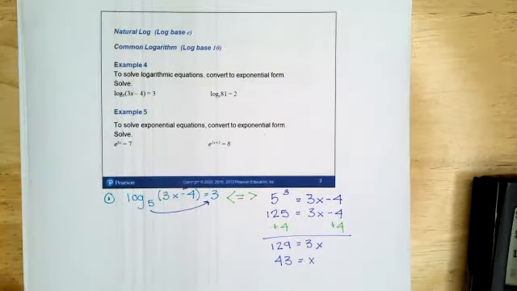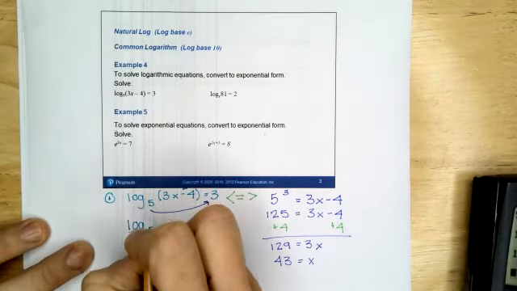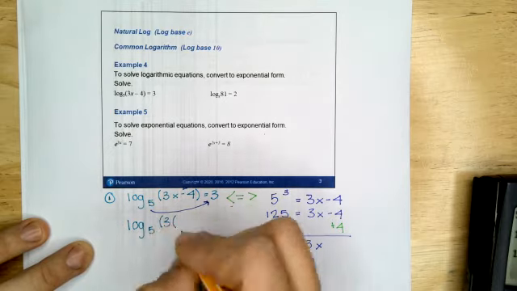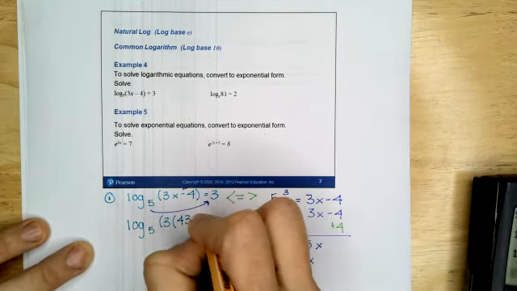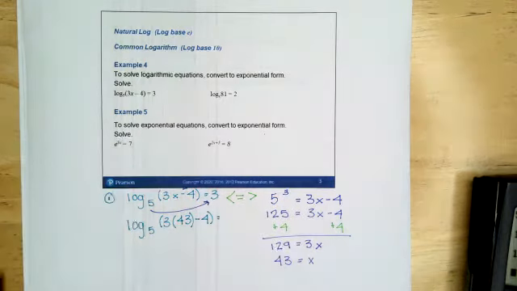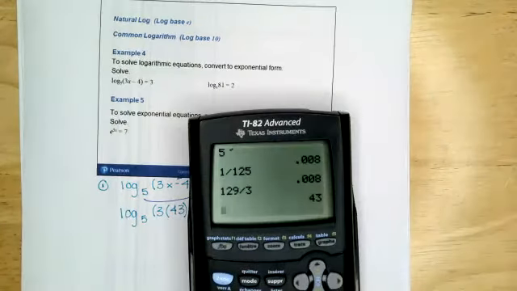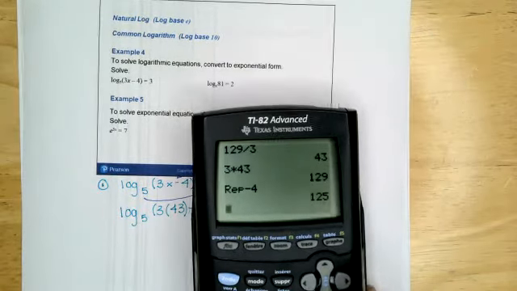Good. And if I put that back in, log base 5 of 3 times 43 minus 4 is 125.